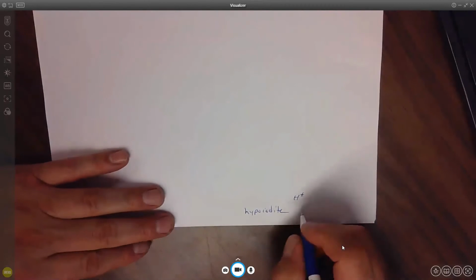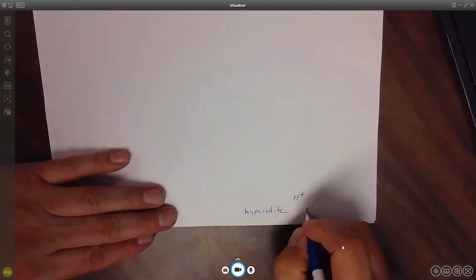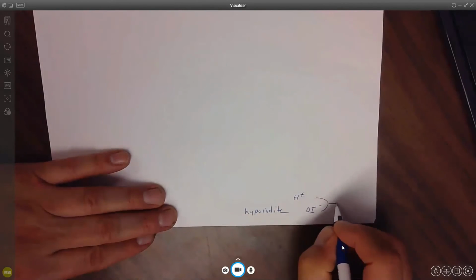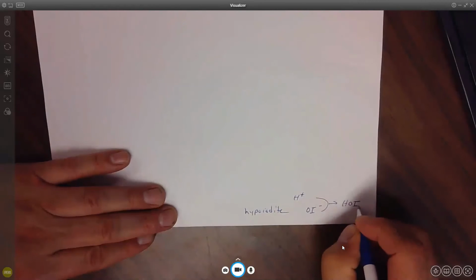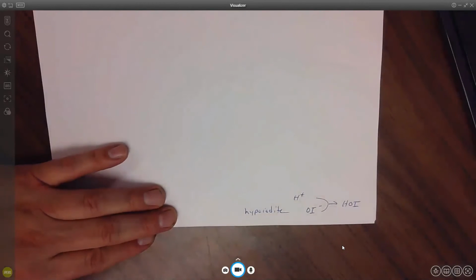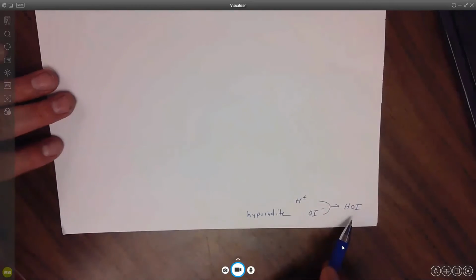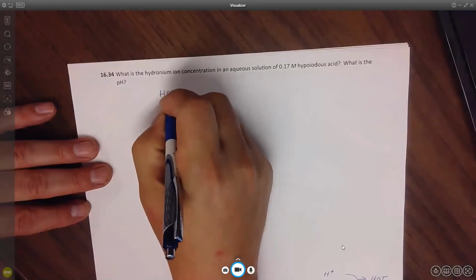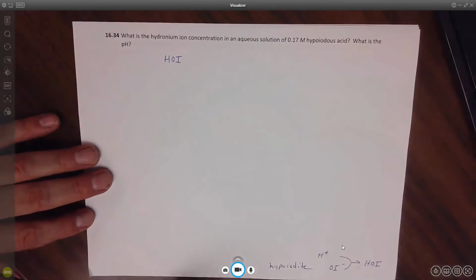So the hypoiodite is just going to be OI minus. So then to make it an acid, it's going to be HOI. Okay? So that's our hypoiodous acid. So that's our HOI.